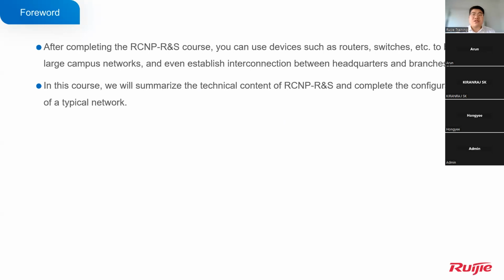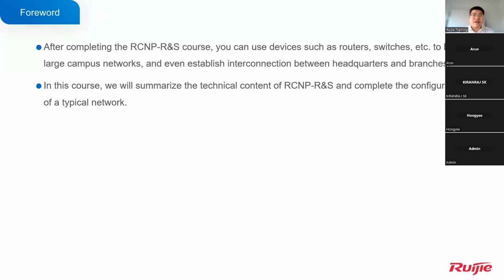Okay, and if you have finished the RCNP R&S course by yourself, we hope that you can use devices such as routers, switches, and for example, firewalls, to build a large campus network, and even establish the interconnection between headquarters and branches in some enterprise networks. Because all the contents about RCNP are used to build this kind of campus network or enterprise network.